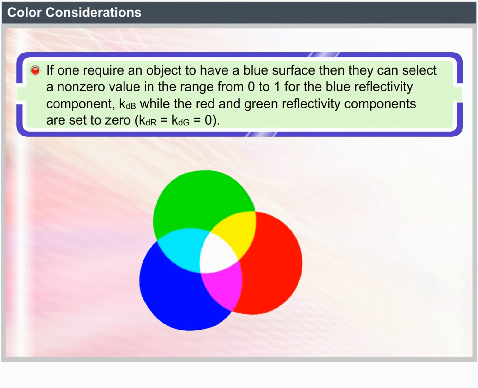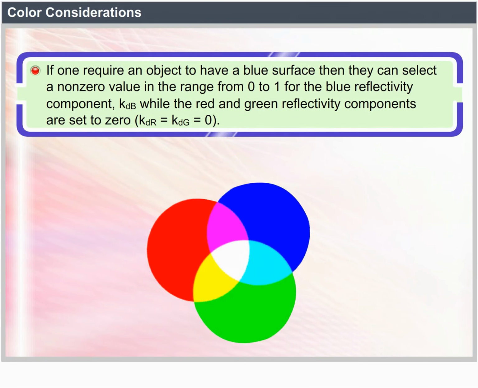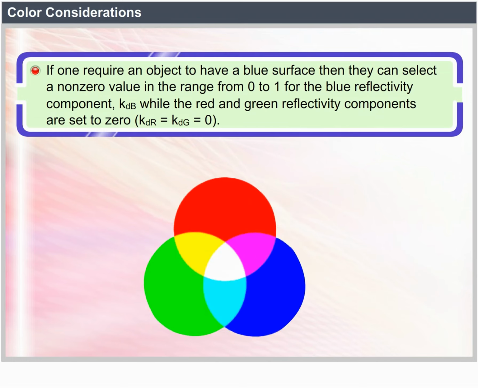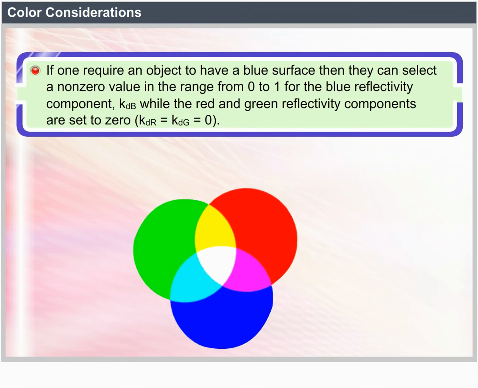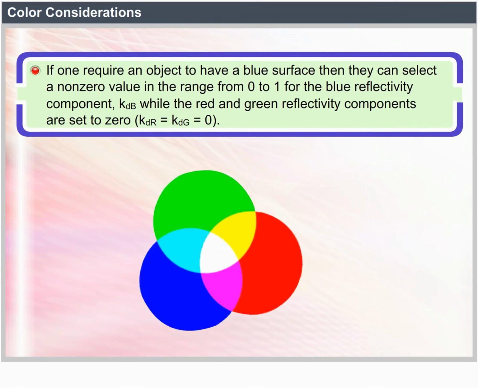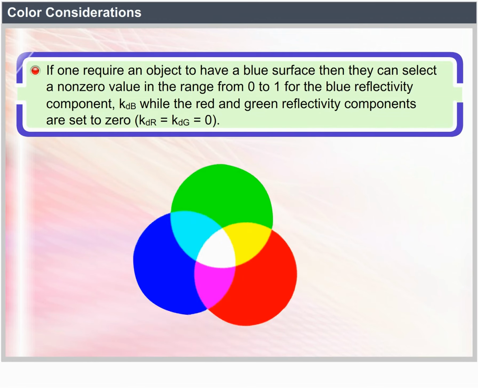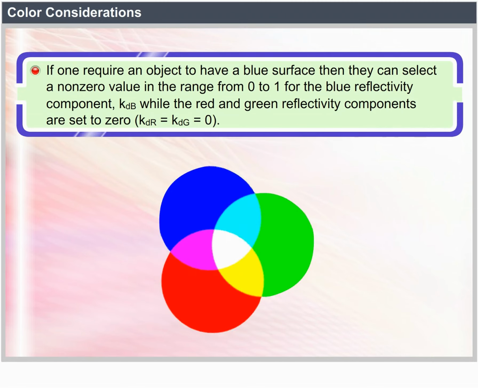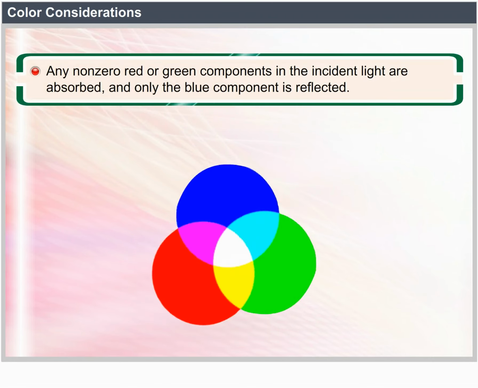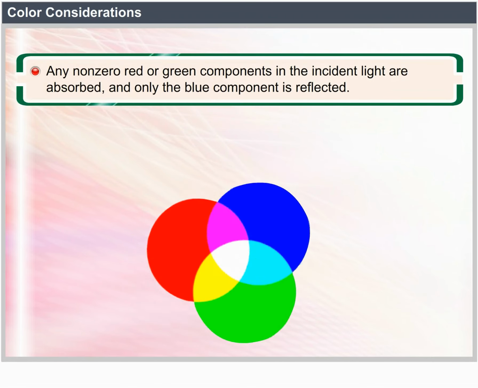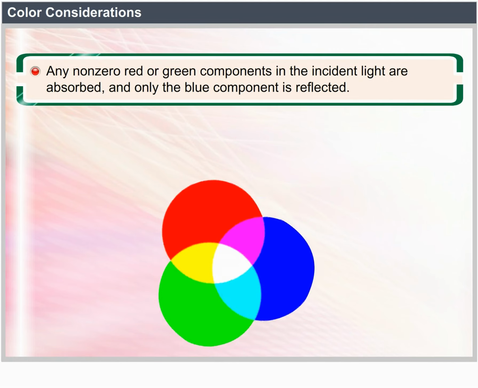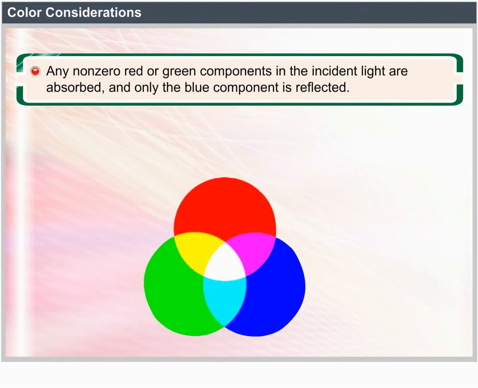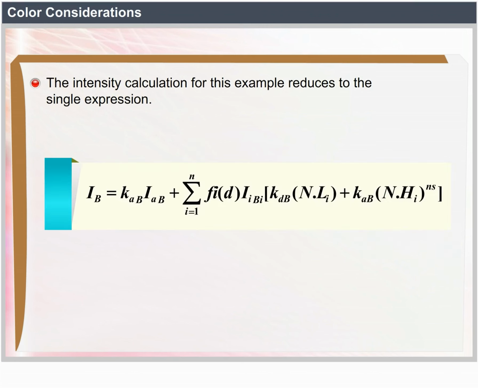If we want an object to have a blue surface, we select a non-zero value in the range from 0 to 1 for the blue reflectivity component, KDB, while the red and green reflectivity components are set to 0: KDR equals KDG equals 0. Any non-zero red or green components in the incident light are absorbed and only the blue component is reflected. The intensity calculation for this example reduces to the single expression as shown on the screen.